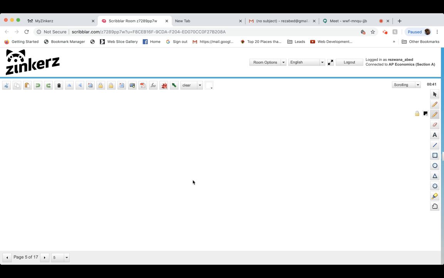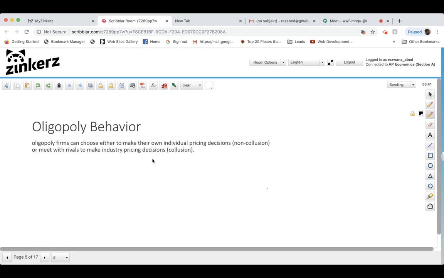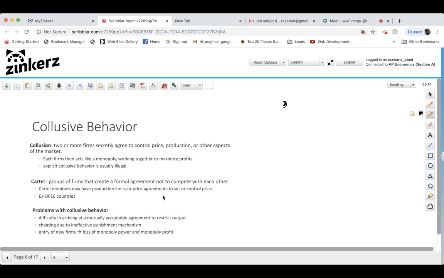And then we talked about oligopoly behavior, right? So oligopoly firms can either choose to make their own decisions, and if they make their own decisions and don't consult or talk to their rivals, we call that non-collusion. And if they do talk and meet with their rivals to make pricing decisions, we call that collusion. And collusion is something that is illegal, right?